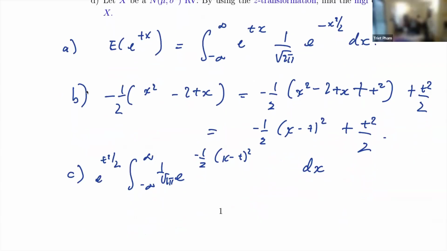How? How can you evaluate this integral?